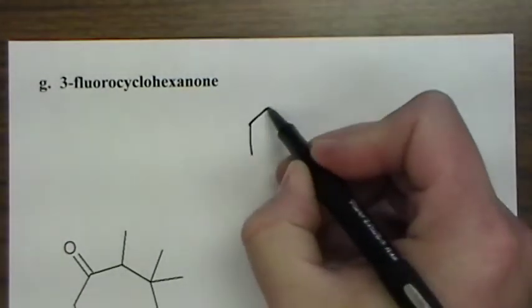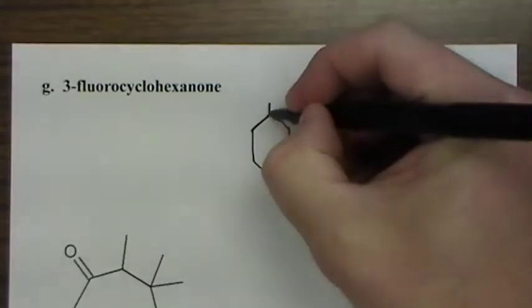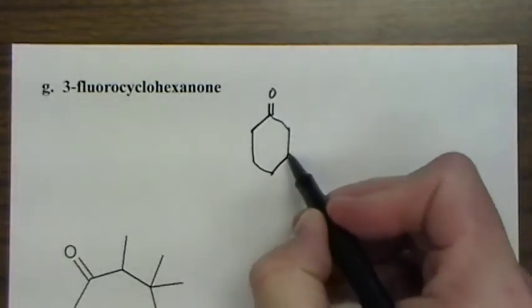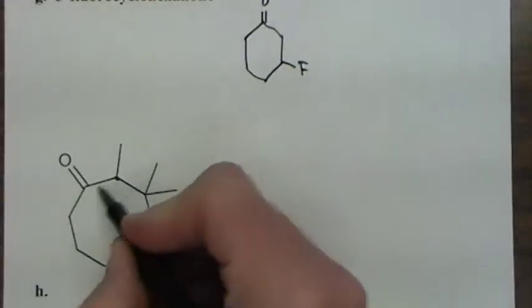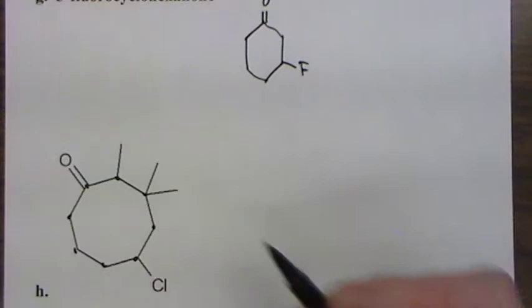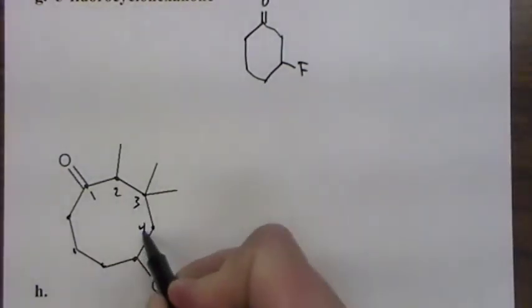3-fluorocyclohexanone. So 1, 2. So this is cyclohexane with a ketone group, and that's going to be site number 1, 2, 3. That's fluoro. And then this thing, 1, 2, 3, 4, 5, 6, 7, 8. Oh, it is 8. It didn't look like 8. So this is number 1. So we'd number it in this direction.